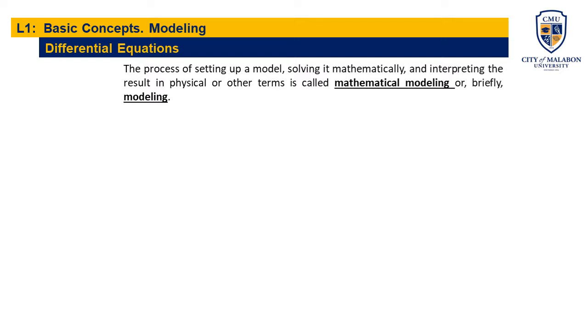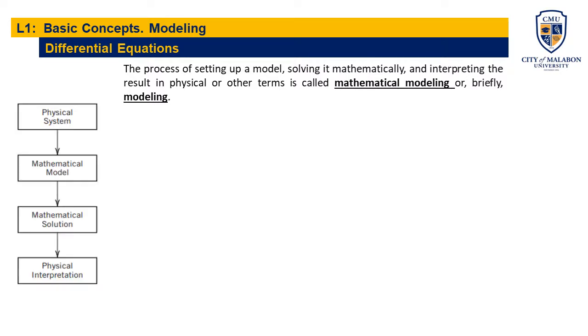The process of setting up a model, solving it mathematically, and interpreting the result in physical or other terms is called mathematical modeling, or briefly modeling. Modeling needs experience, which we shall gain by discussing various examples of the problem.